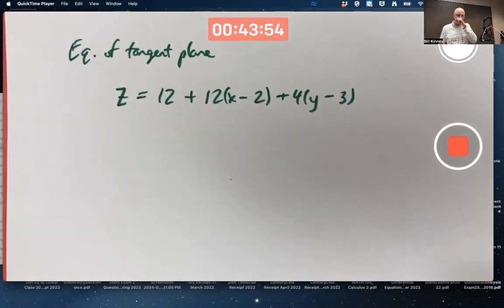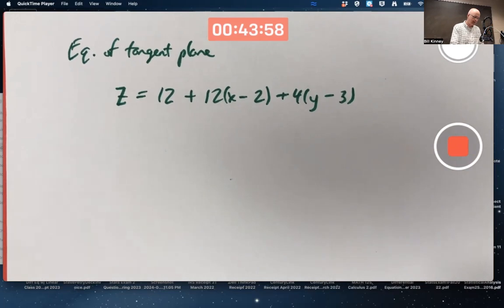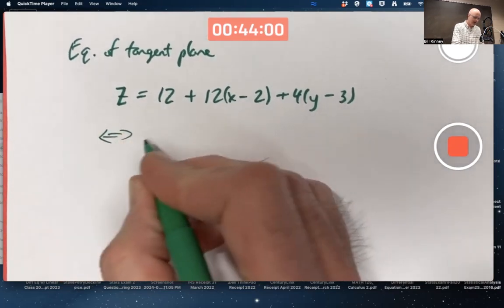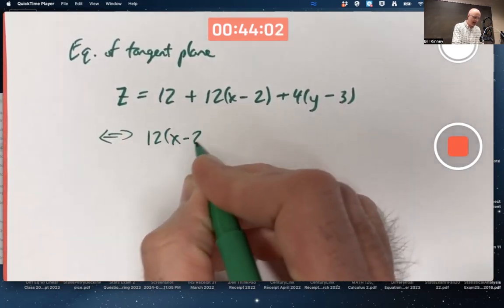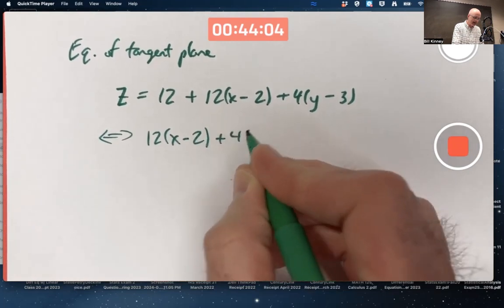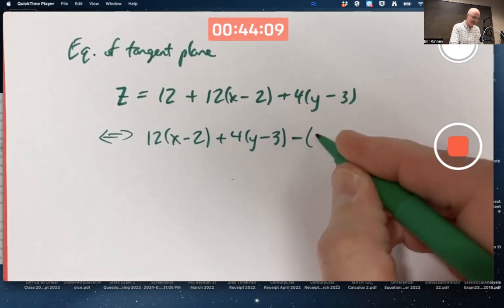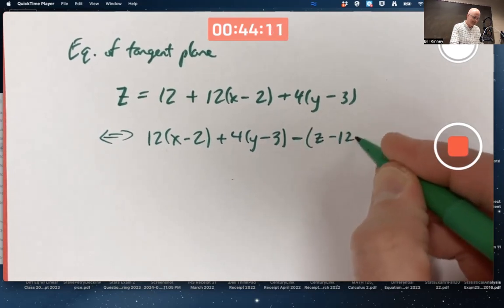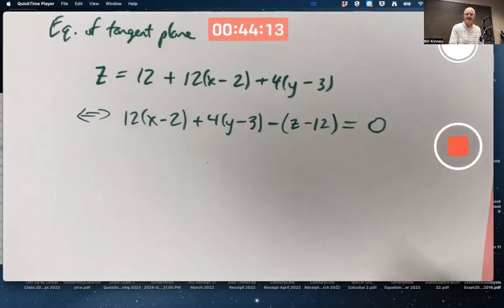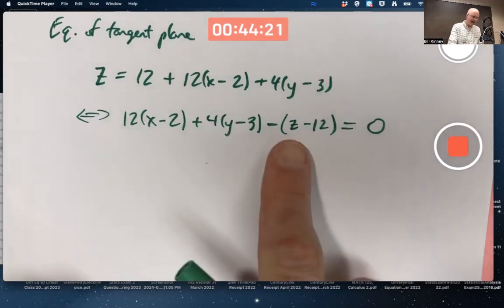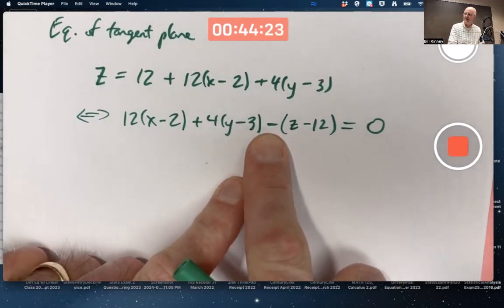It's a little confusing. The book emphasizes writing this in standard form, and the standard form looks like this, just rearranging the equation, subtracting z from both sides, and then rearranging to have a negative coefficient there.